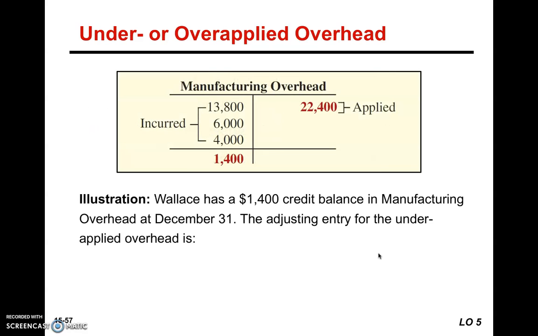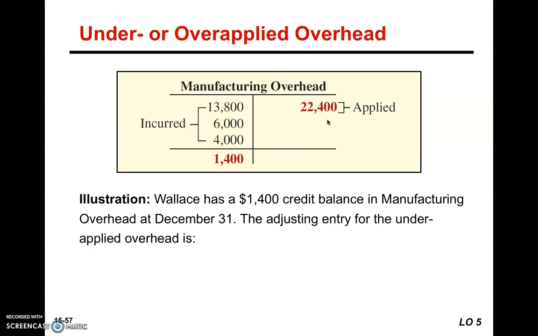For this example, the company Wallace during the year has had actual cost of 23,800, which is the addition of 13,800, 6,000, and 4,000. But the applied overhead, the estimated overhead given to the jobs, was less.